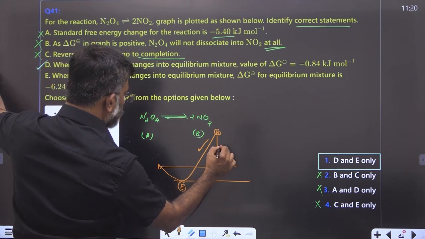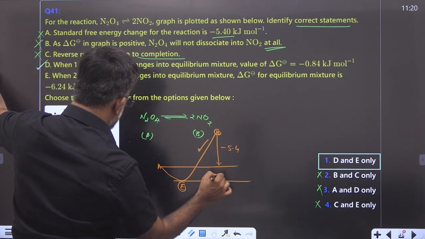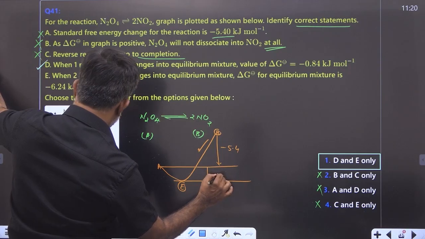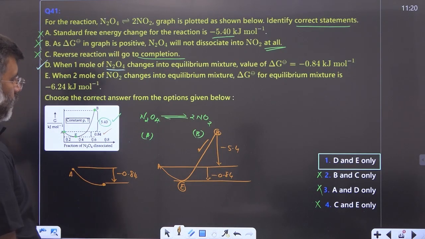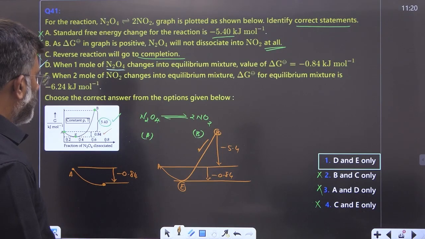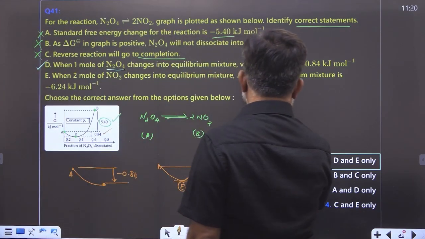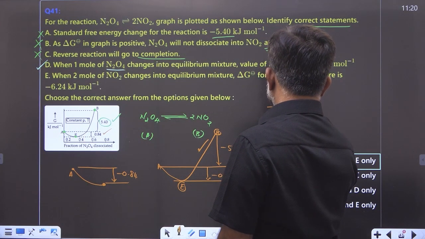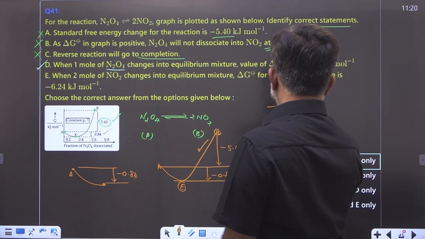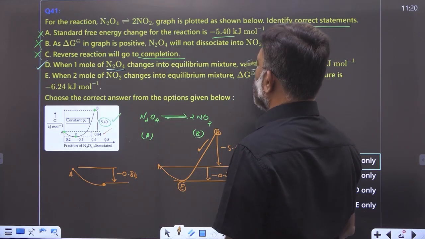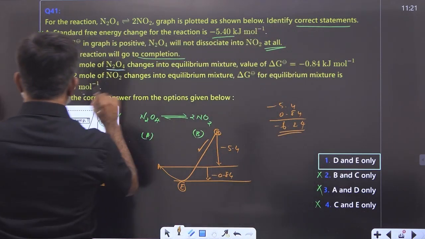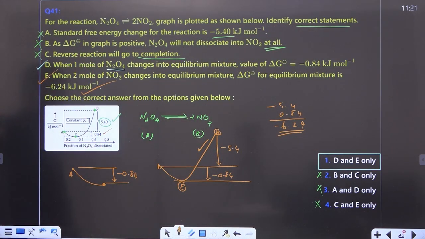How much does it drop? It drops minus 5.4 and it drops minus 0.84. So what is the value? Minus 5.4 and minus 0.84, so it is minus 6.24. Yes, that is also correct. Option E is also correct.